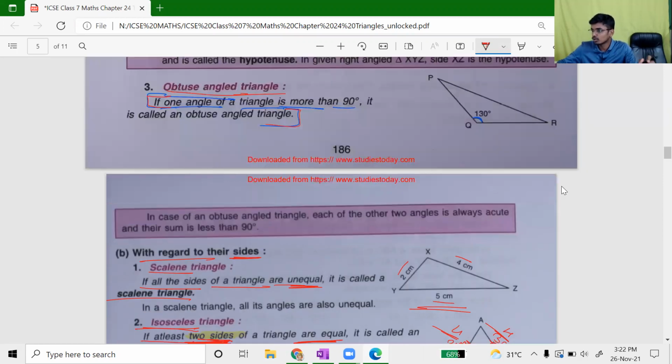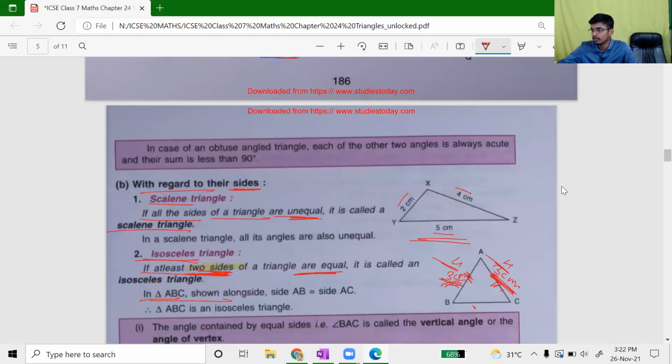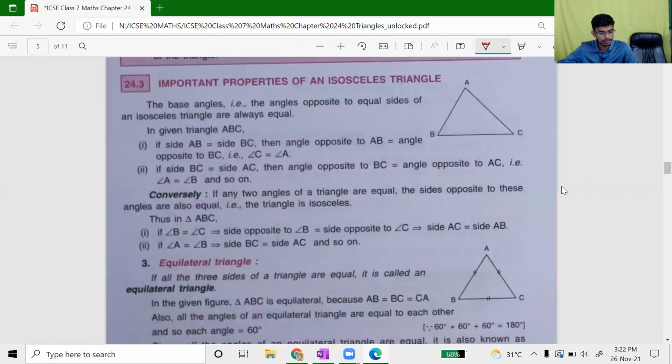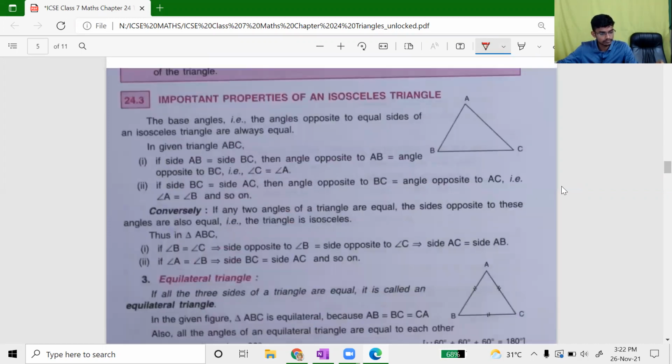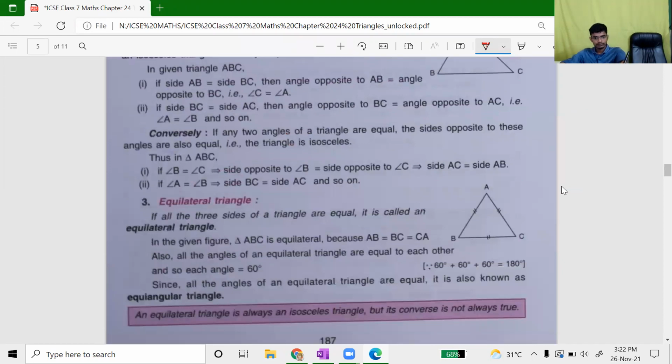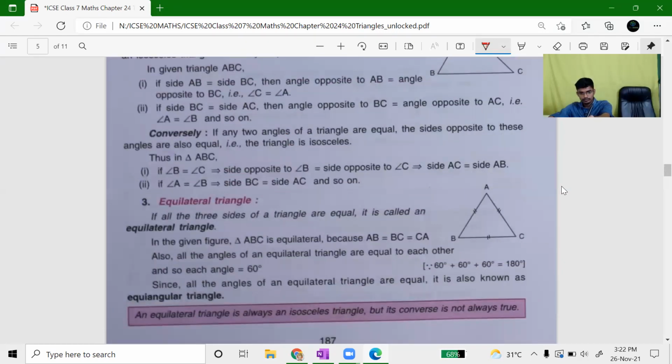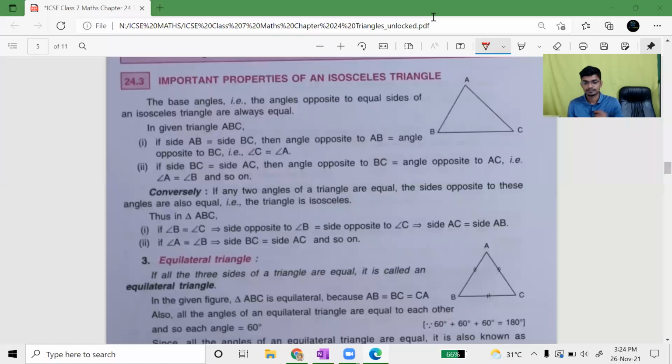Open a textbook, go through it and ask me if you have any doubt, till point number B2.